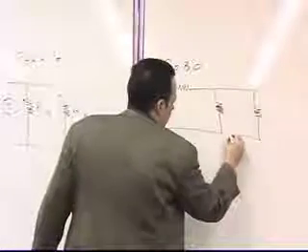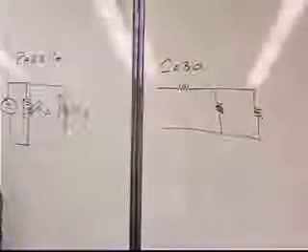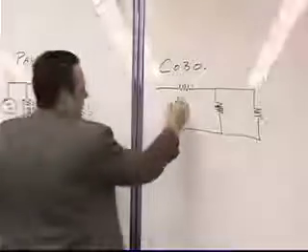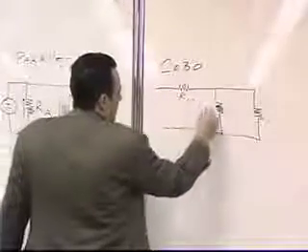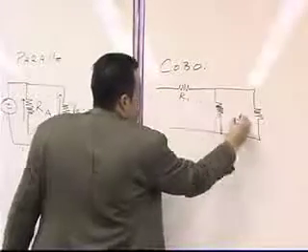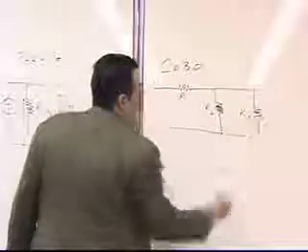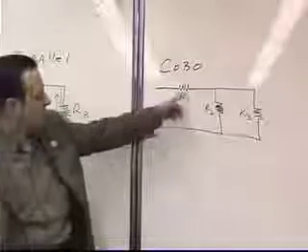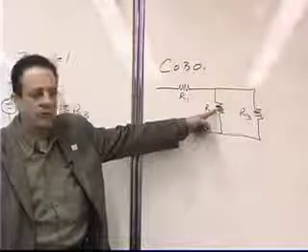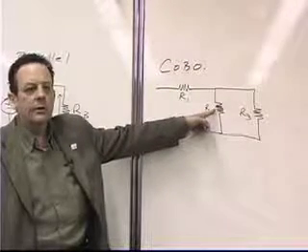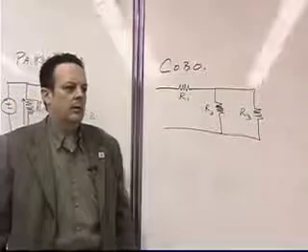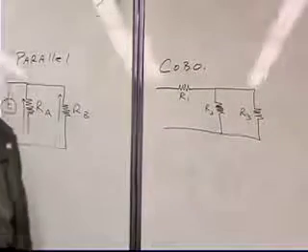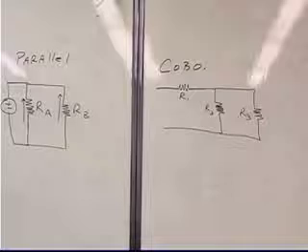They are rather a combination of series and parallel. So if this were resistor 1, this were resistor 2, and this were resistor 3, then it would not be accurate to say resistor 1 is in series with resistor 2. Can anybody tell me why? What's the rule for determining if they're in series?